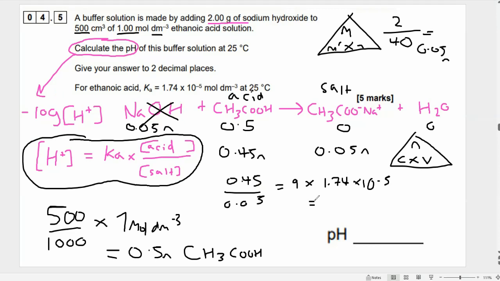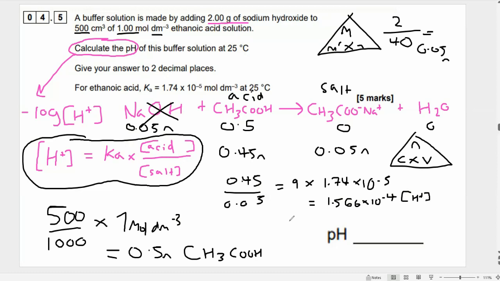Oh my gosh, my calculator's off. 0.45 divided by 0.05 equals 9 multiplied by 1.74 times 10 to the minus 5 equals 1.56 times 10 to the minus 4. You can round this to 1.57 times 10 to the minus 4. But anyway, I'm just leaving it in my calculator like that. And that is my hydrogen ion concentration.